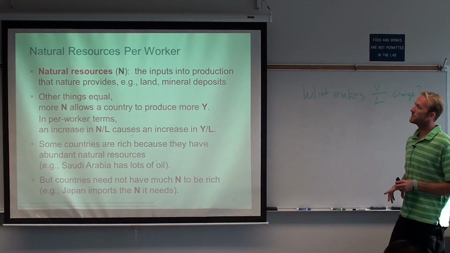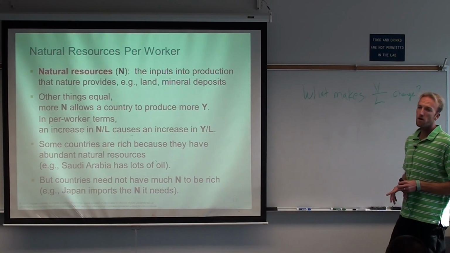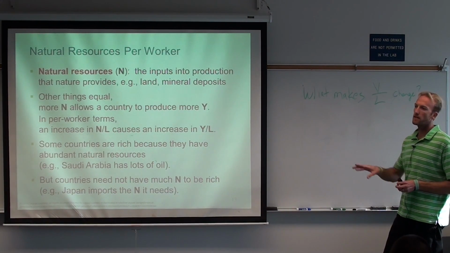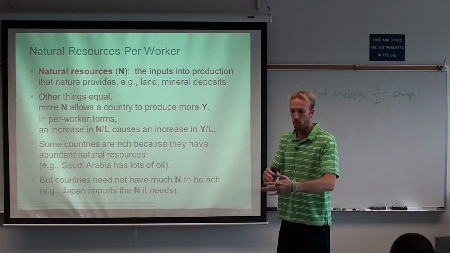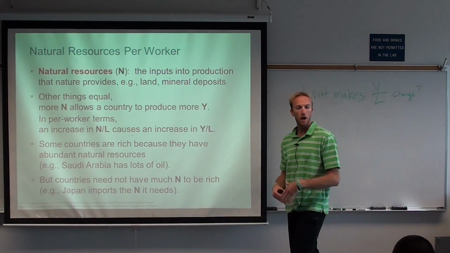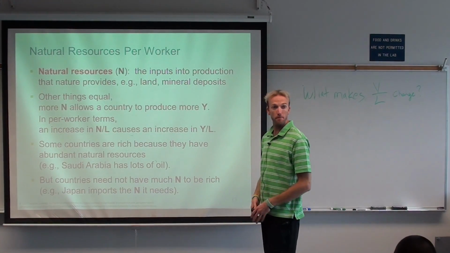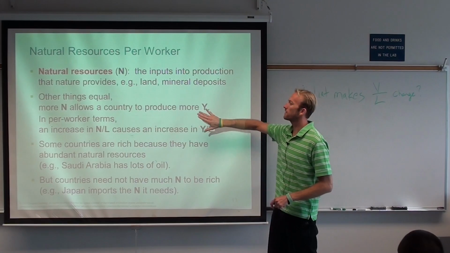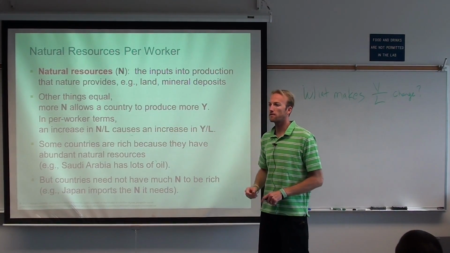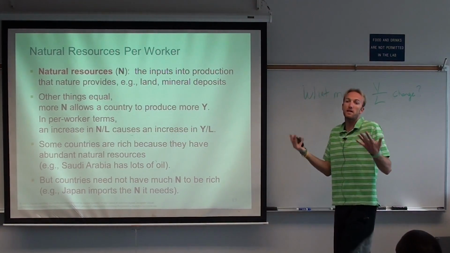So this is much harder to control than the others, right? It's easier to provide more capital per laborer or more human capital per laborer. It's harder sometimes to control the amount of natural resources per laborer because that's just what the country's stuck with.